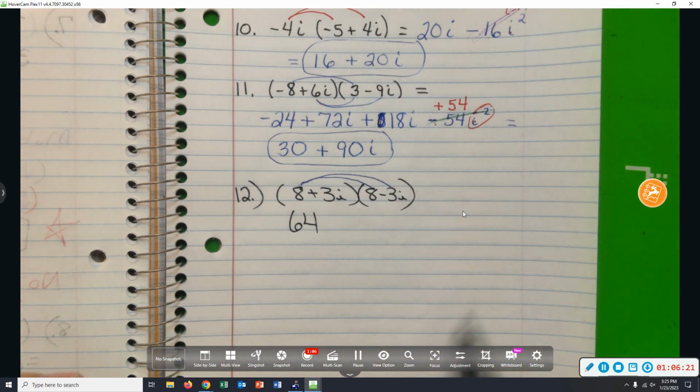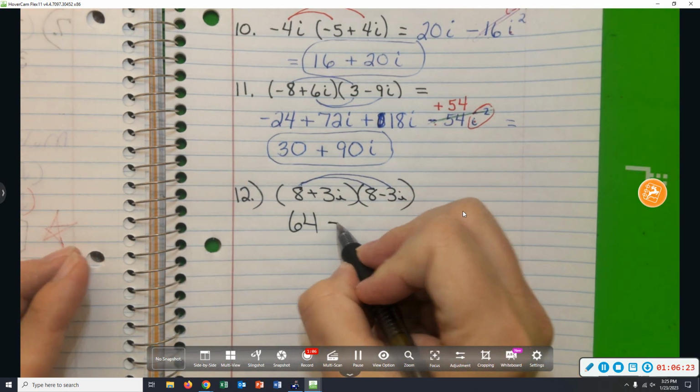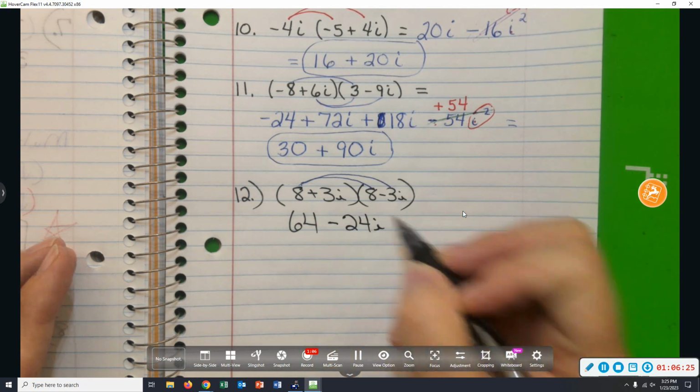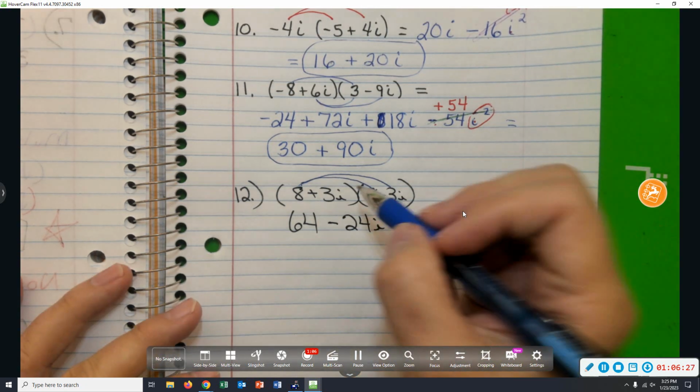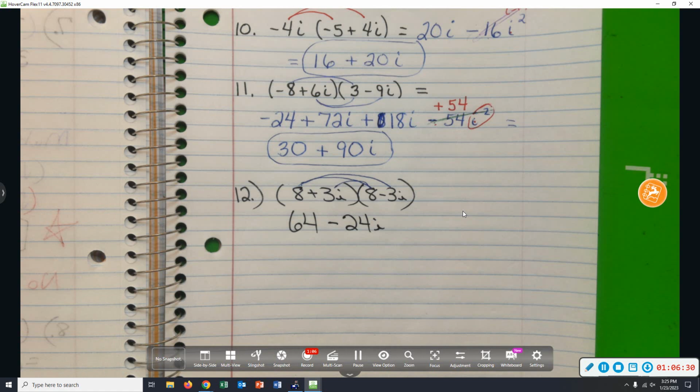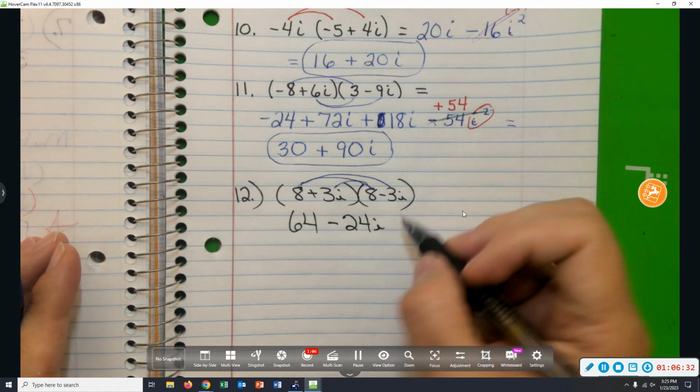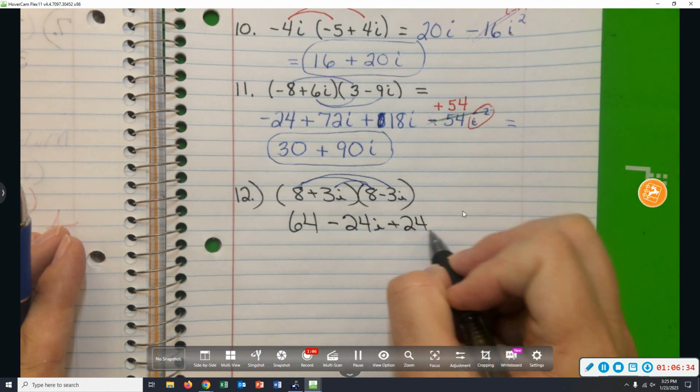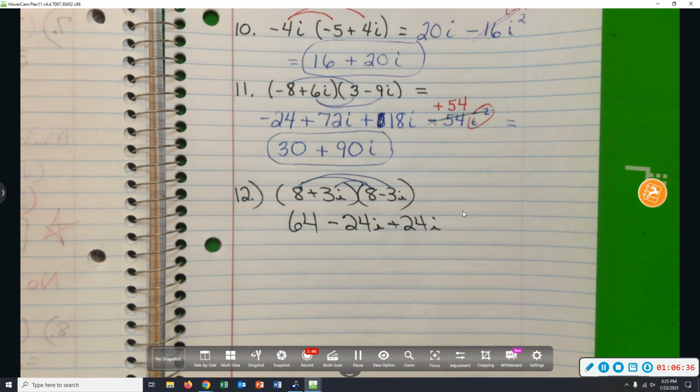Outer. 8 times negative 3i, negative 24i. Inner. A positive 3 times a positive 8, that's a positive 24i. Last.